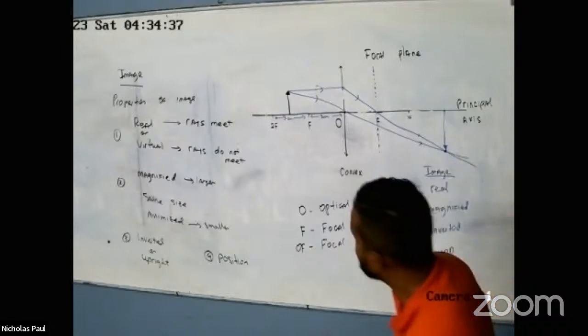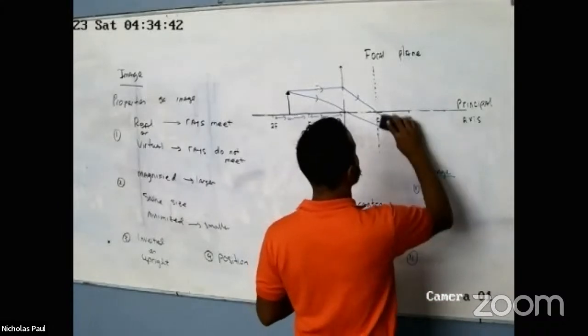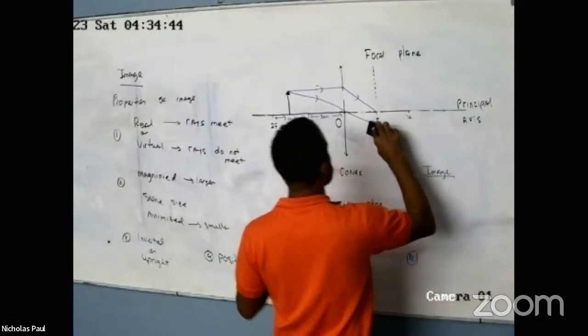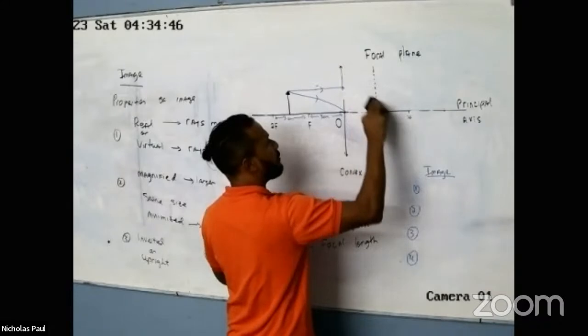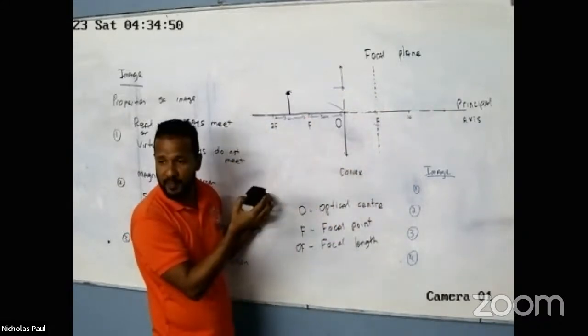All right, so I want you to do one more for me. Just one more. Everything is the same, 3 centimeters, and I'll tell you where to put the object. Don't do it at the top of your page, it will not work out.